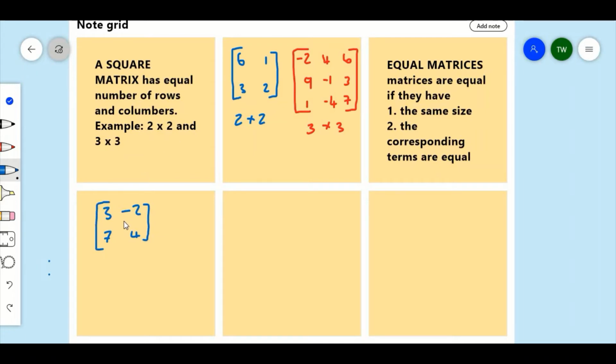Now this matrix can only be equal to the matrix 3, 7, -2, 4.